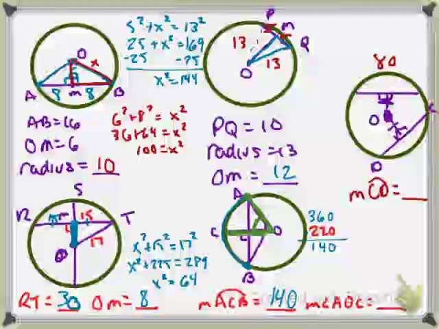It's an angle. What kind of an angle? Central angle. It has its vertex at the center. The vertex is O. So we have a central angle. What do we know about the size of a central angle? It's equal to the minor arc that it cuts off.